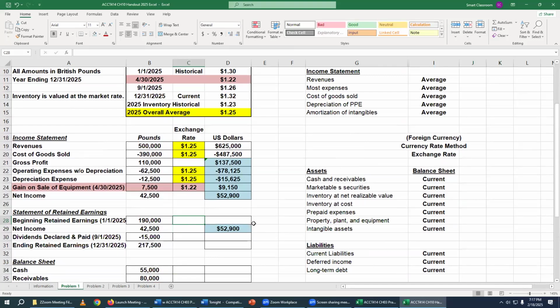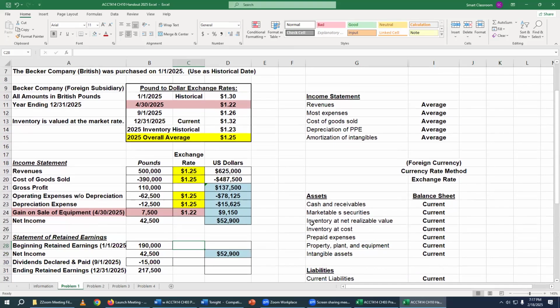This will be the last time we use the historic rate, though. So it'll look like this up here. Let's give that a color. How about green? And again, that's because this was done on the first of the year. It's a spot in time.